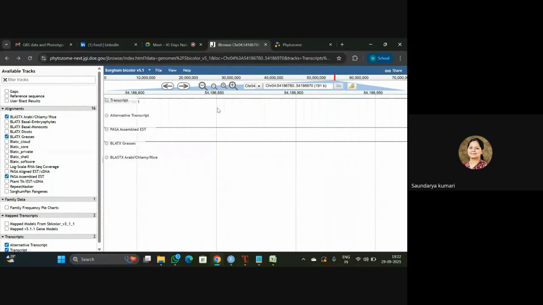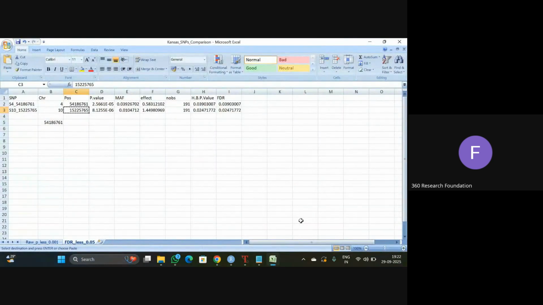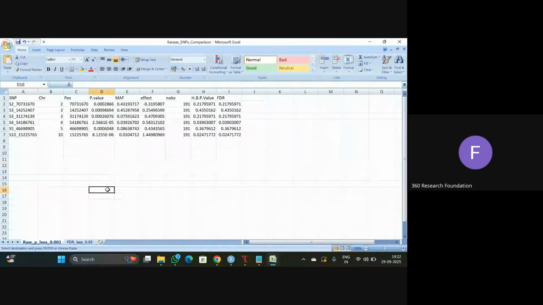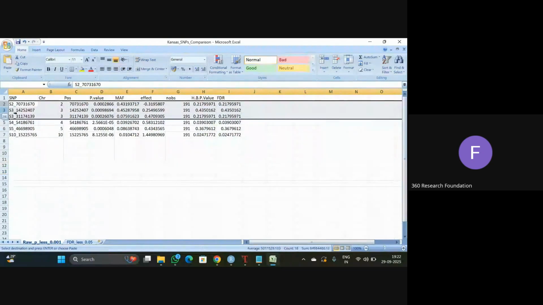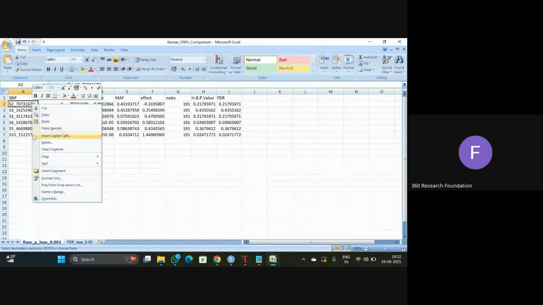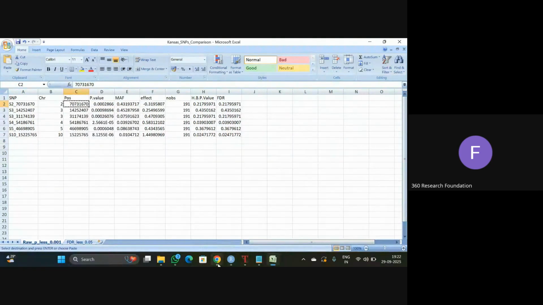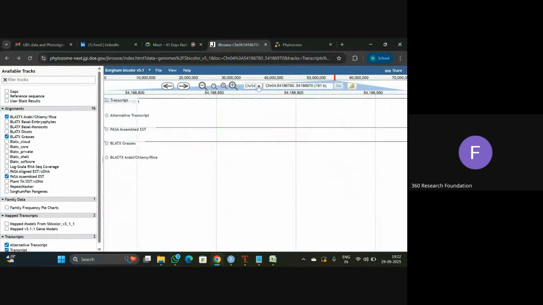Sometimes for the 10th, it is not coming in 5.1 also. It is coming only for the 4th chromosome. So that means the rest do not exist. We'll check that second one also once.